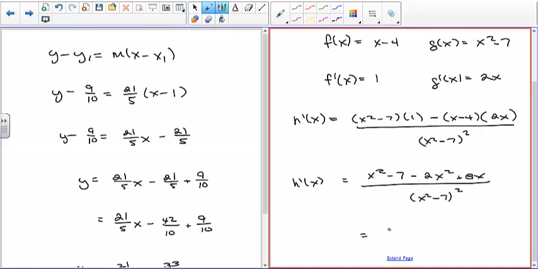And then we'll just combine the two x squared terms. And that is what I get. So let's double check, make sure I didn't do anything wrong. Looks good to me.